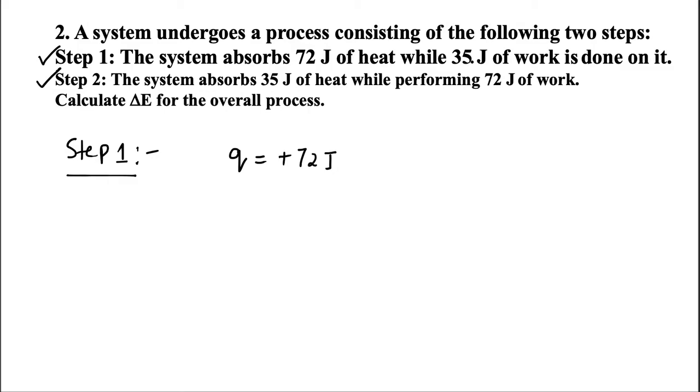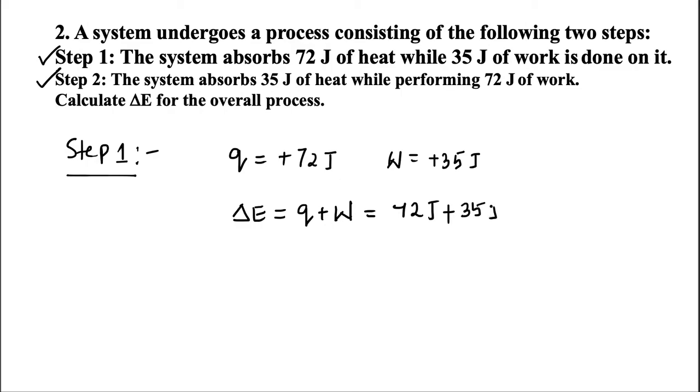While 35 joules of work is done on it, again the system is receiving the work, that means that is also positive. And what is the formula for delta E? Delta E is equal to Q plus W, so that's equal to 72 joules plus 35 joules. That will give you 107 joules of energy change for the system.